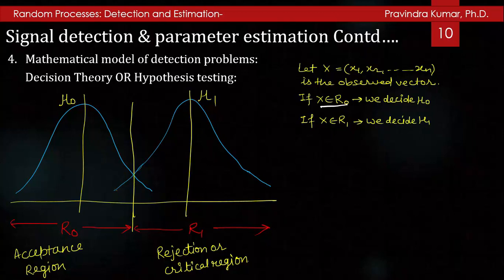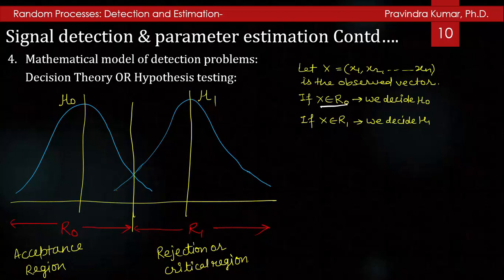The region R0 is known as the acceptance region. The region R1 is known as the rejection or the critical region, since the null hypothesis is rejected. Each time, a decision is made based on some criteria.